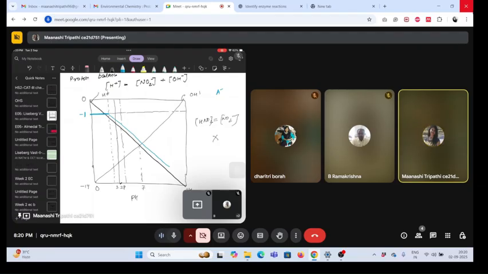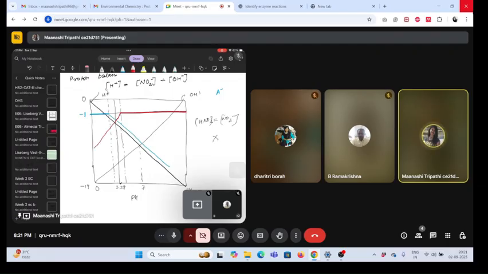A negative was from the left side, then a 90-degree angle, then it will go down. So how will we draw that? Then a 90-degree angle.